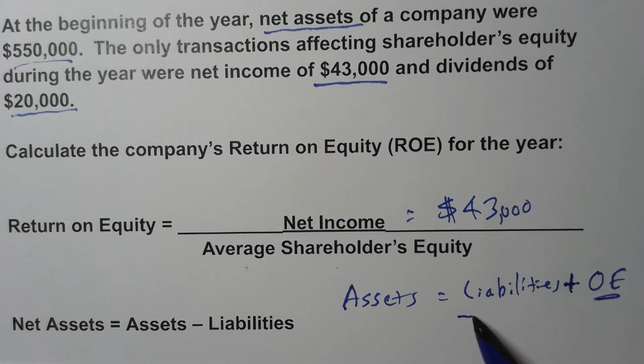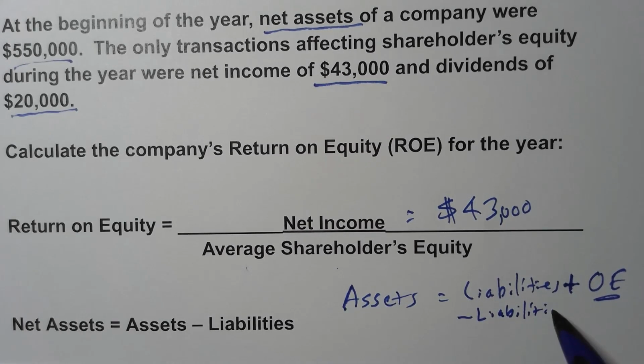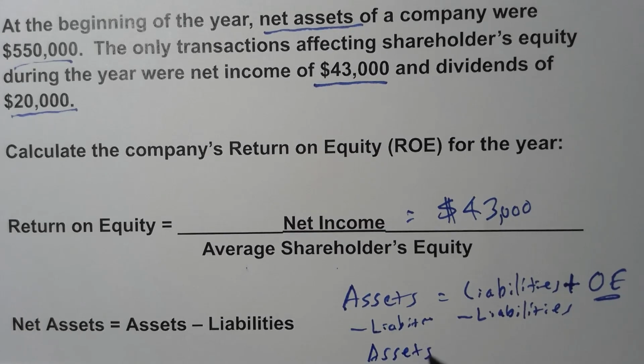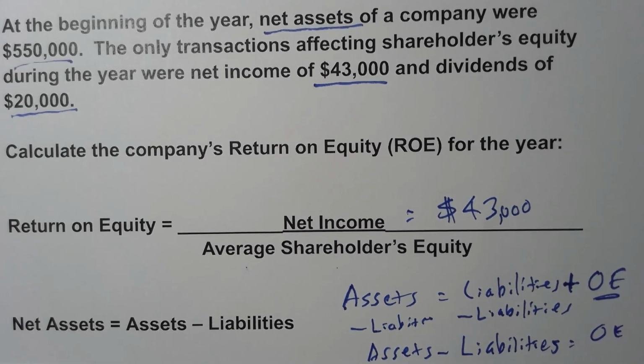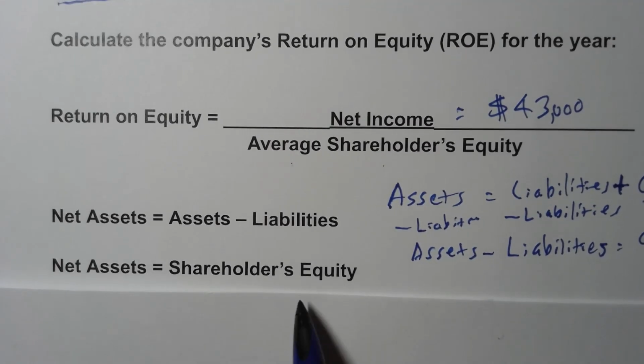So if we were to subtract algebraically liabilities from both sides, we wind up with assets minus liabilities equal to owner's equity. So in other words, net assets is equal to shareholders' equity.